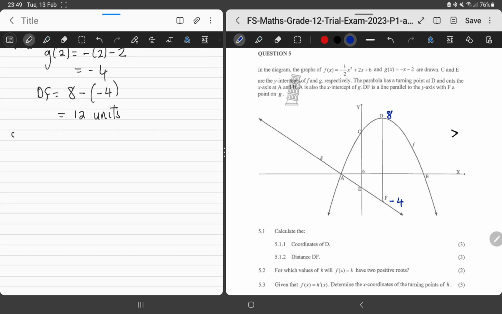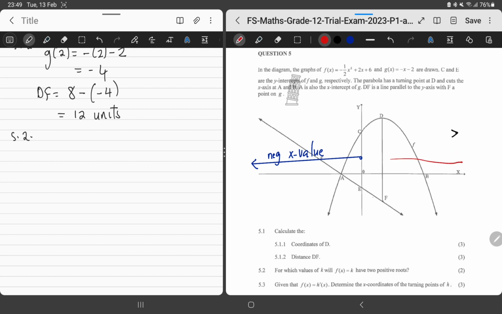Okay. 5.2. For which values of k will f of x equals k have two positive roots? So from here to the left, these are all the negative x values. So the roots from this point to the left are all negative.